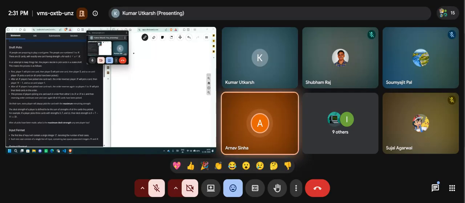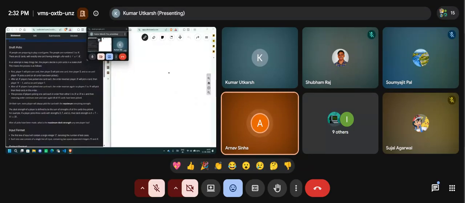The question tells that you will be given some numbers n and k, the number of cards, and those cards will be from 1 to k, and exactly one card will be there of that number.